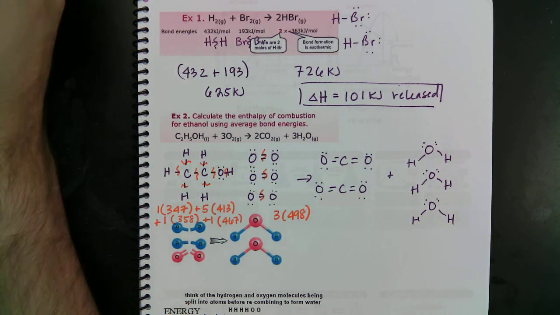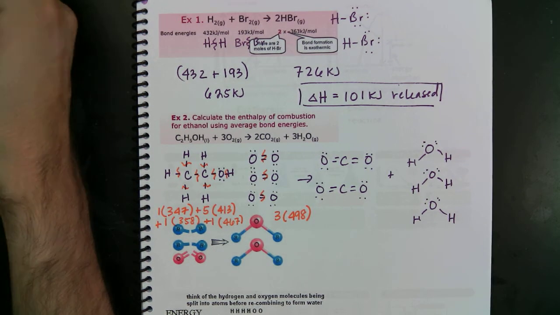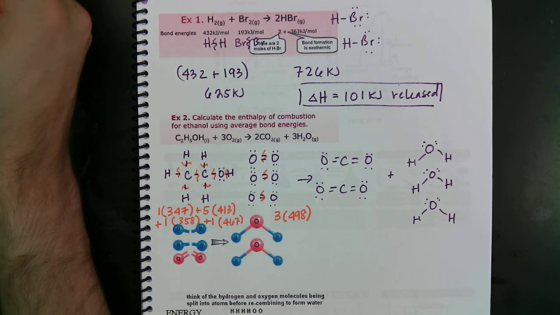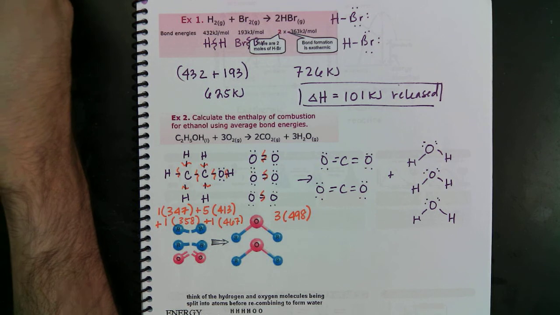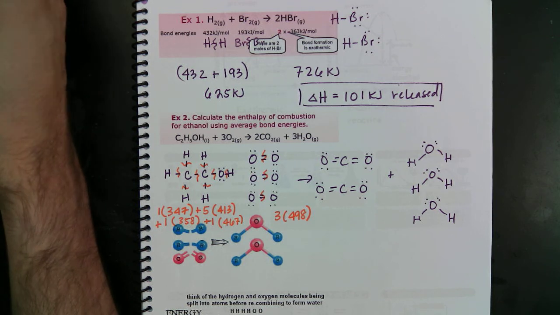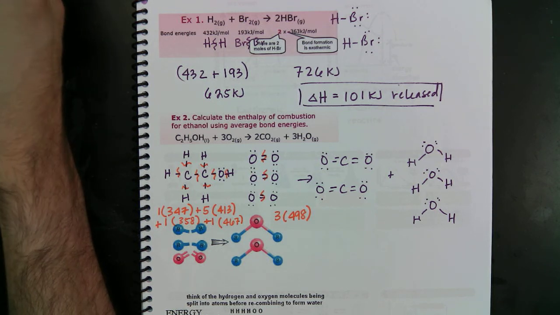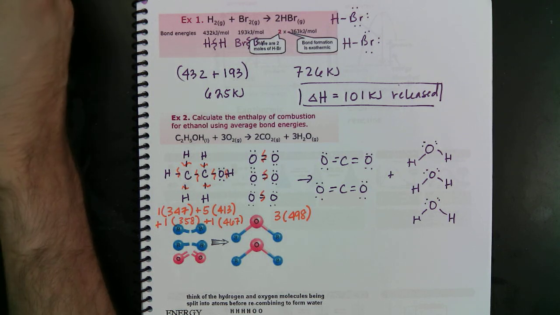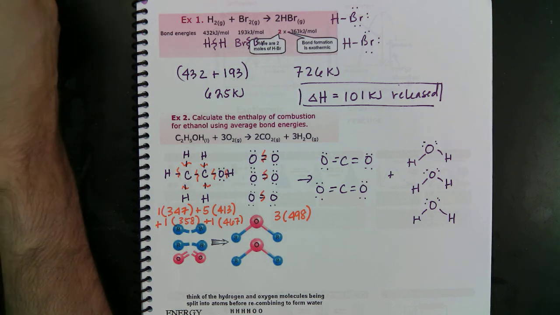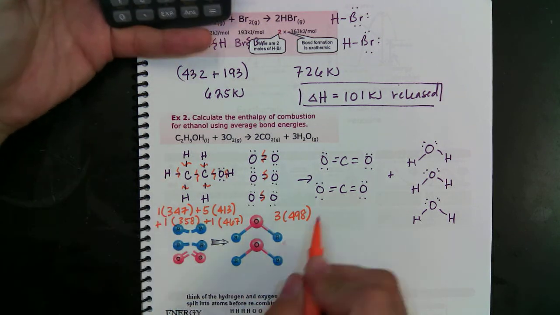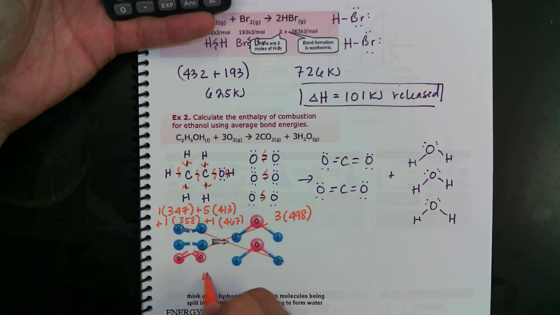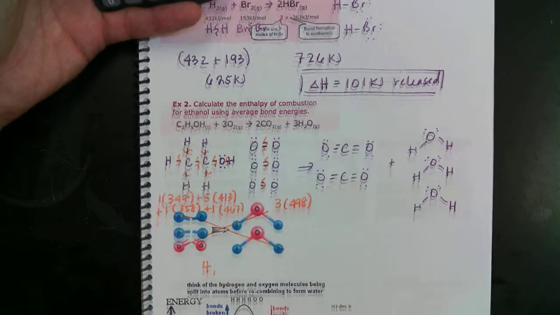So in terms of total energy absorbed to break these bonds, I'm going to just add all those numbers up in the calculator. 347, 358, 467, plus 498 times 3. I'm going to ignore this water and just use this reaction here.